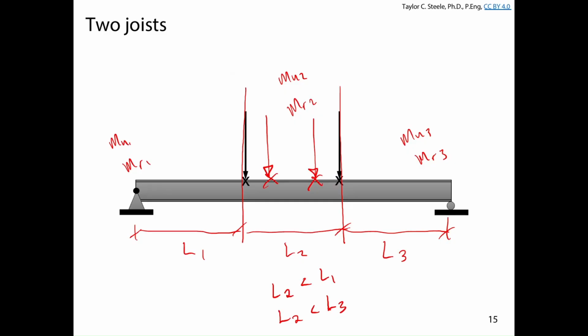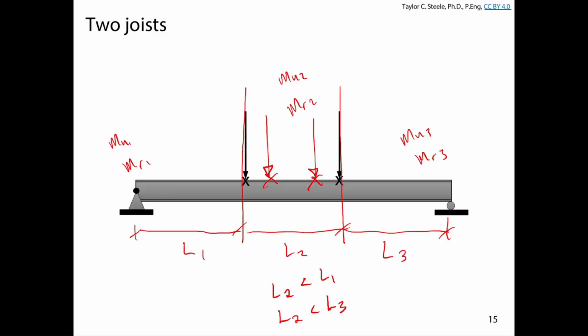And we might say, okay, L2 is smaller and omega 2 is smaller, it's a bit of a wash there. And in fact, it's not uncommon, I wouldn't say it's overly common, but it's not uncommon to place the joists even just a little bit closer to the middle of the girder just to make the use of the section a little bit more efficient, because that increases the unbraced moment resistance of the middle segment and makes it more comparable to the two outer segments.